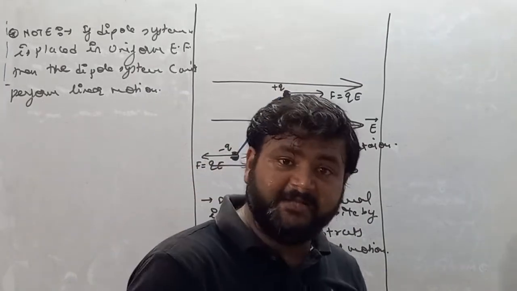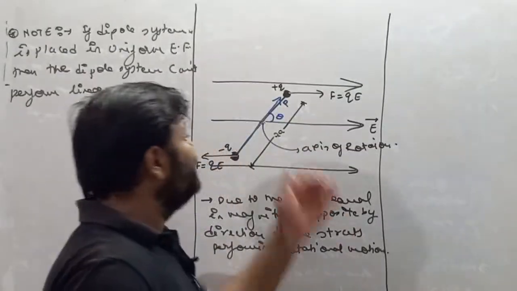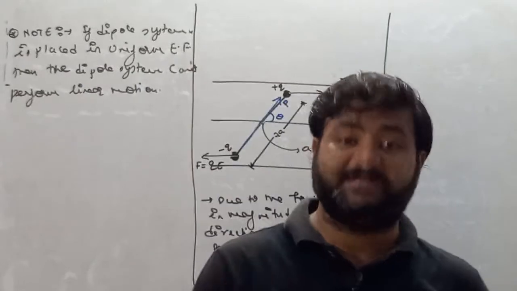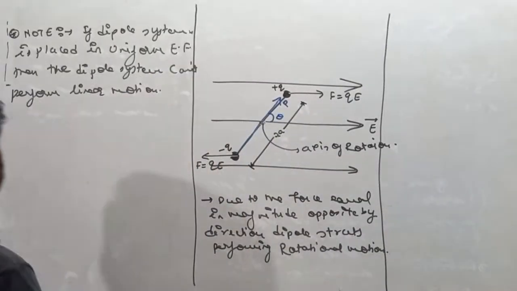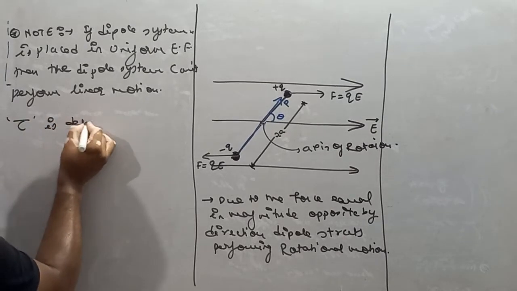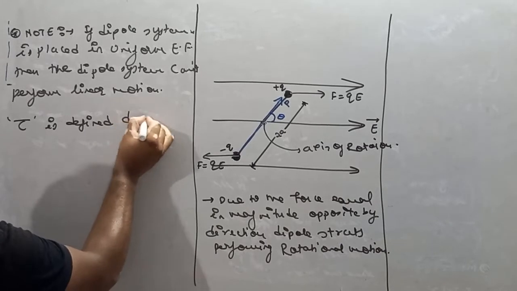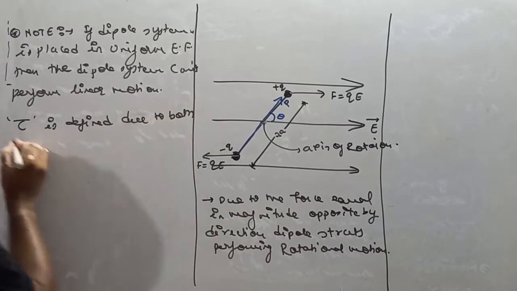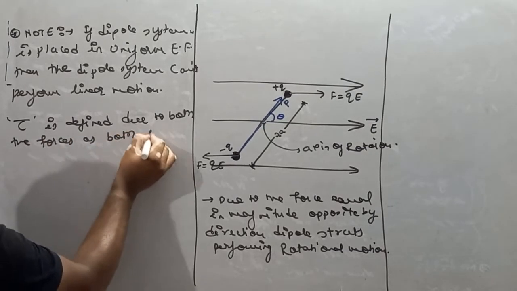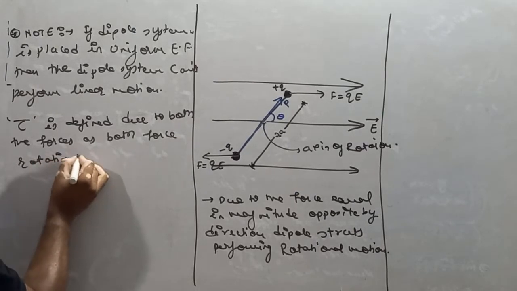I already told you that those forces which are capable of rotating the body will define its torque. So now torque is defined due to both the forces, as both forces are rotating the dipole system.